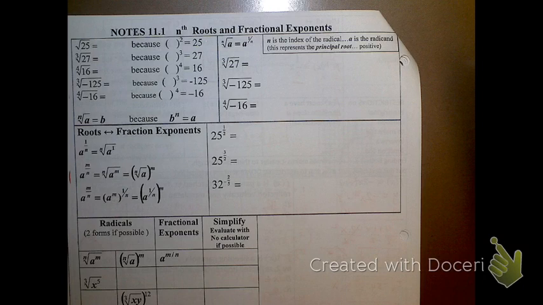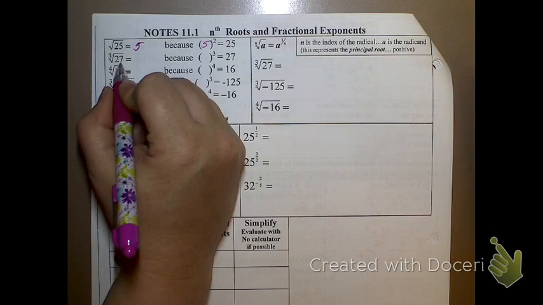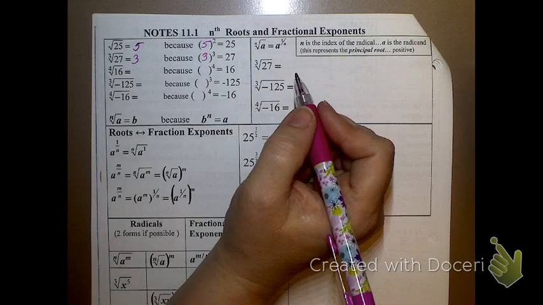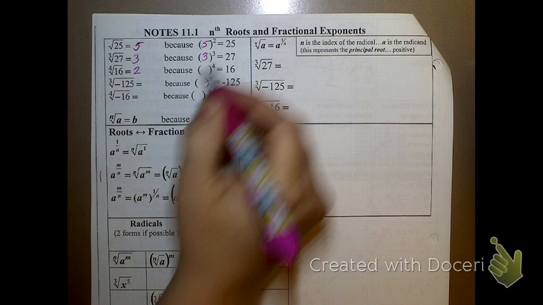The cube root of 27, and the answer to that is 3, because 3 to the third power equals 27. What is the fourth root of 16? 2. Why? Because 2 to the fourth power equals 16.